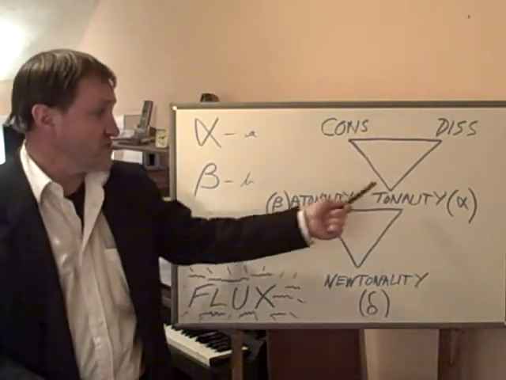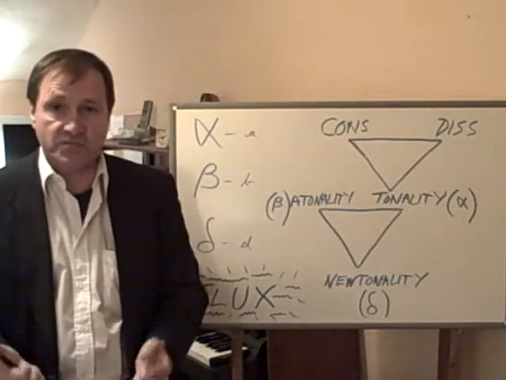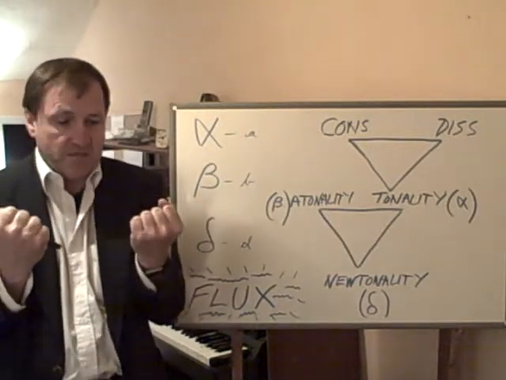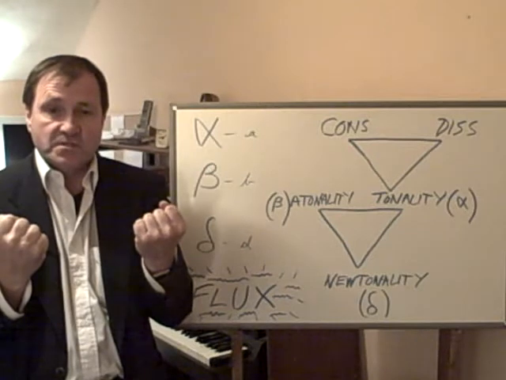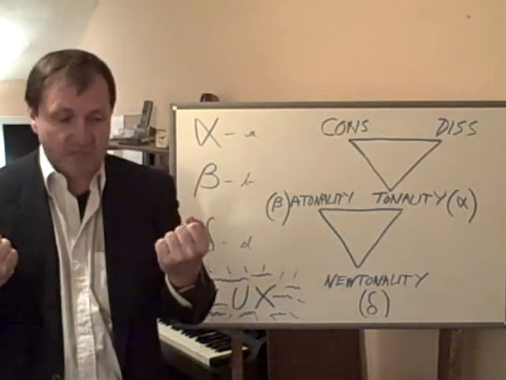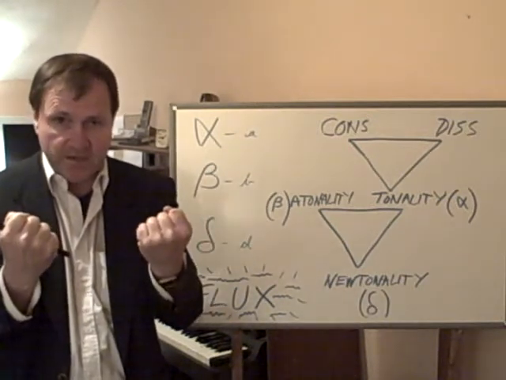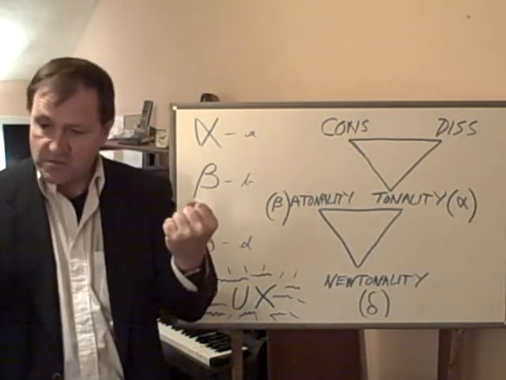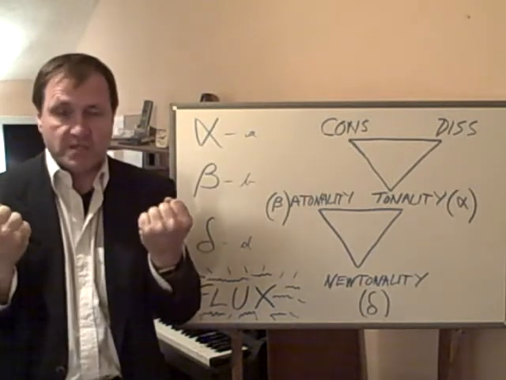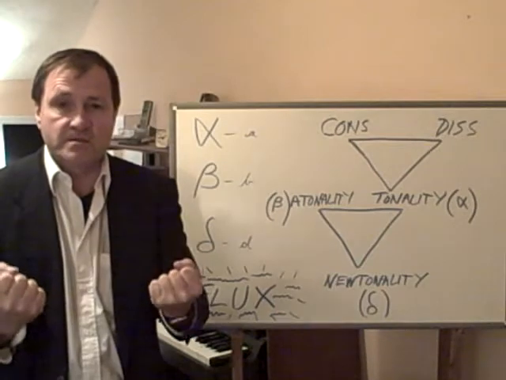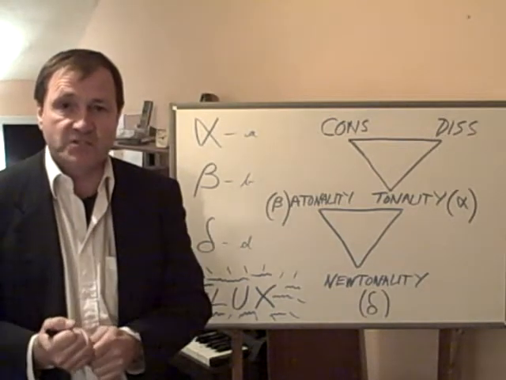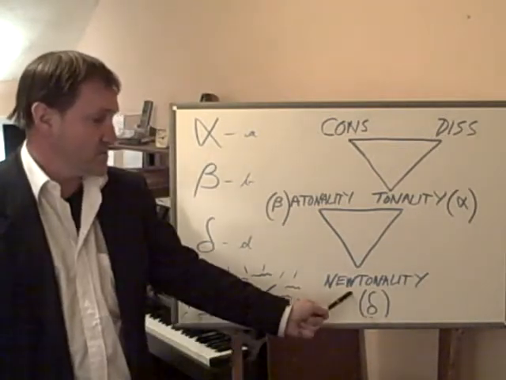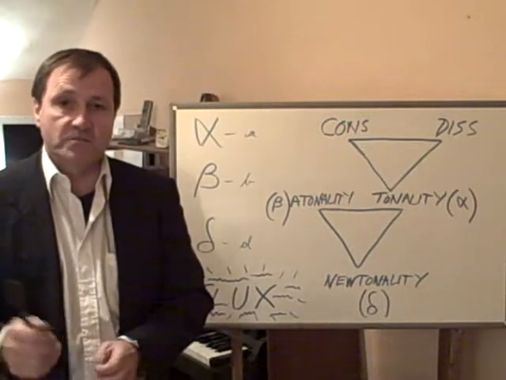So atonality and tonality are two new forces that are diametrically opposed to one another. If we now bring these two forces together and we explore the relationship between these two things, we create a fifth state, which I have called Newtonality.